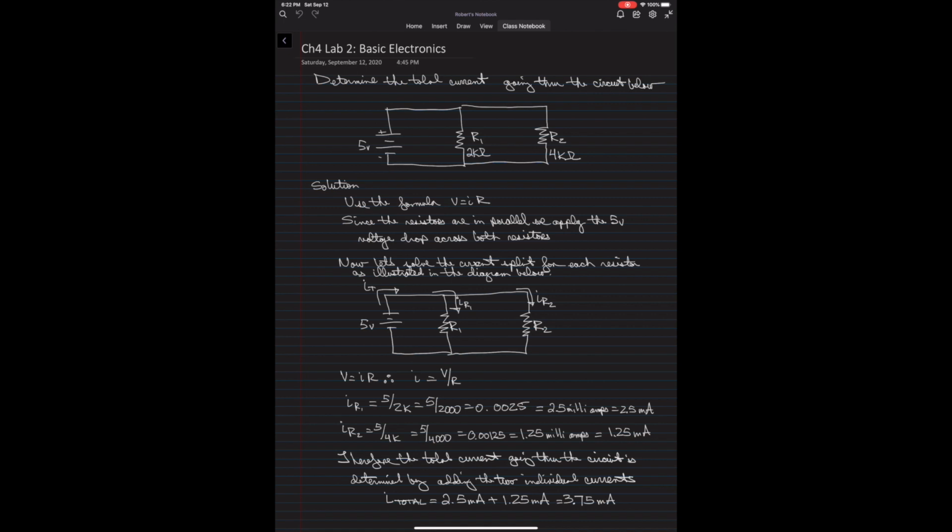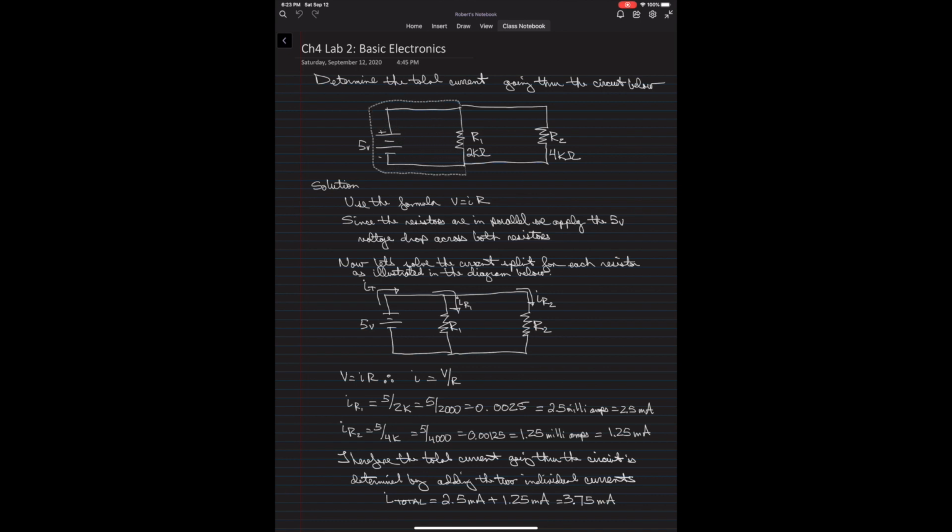So this is what's going to happen. Current is going to go from the battery, it's going to go out of this wire, but at this point right here, it splits. Part of the current goes over here, part of the current continues over here, and then this current comes over here, this current comes down here. They both meet at this point, and then they continue on back through the battery.